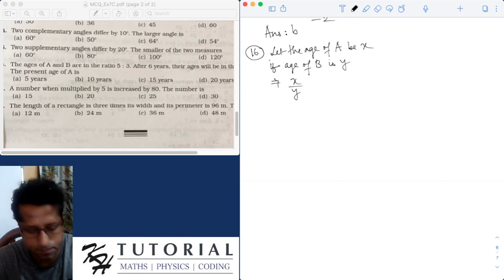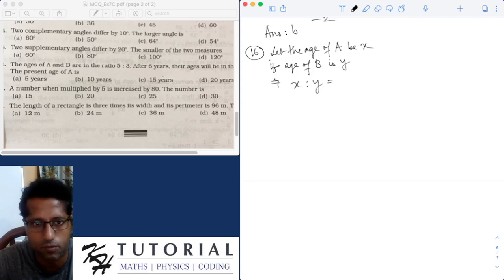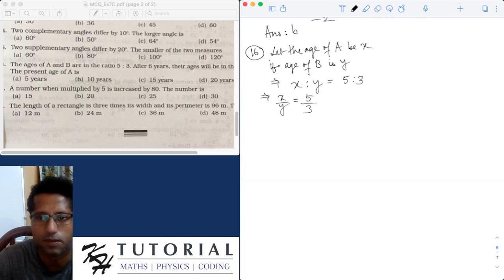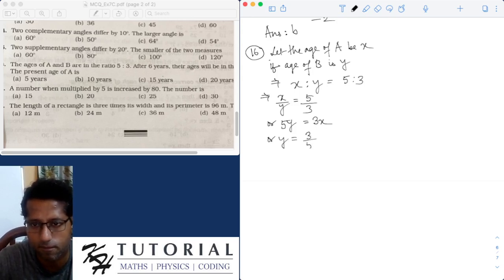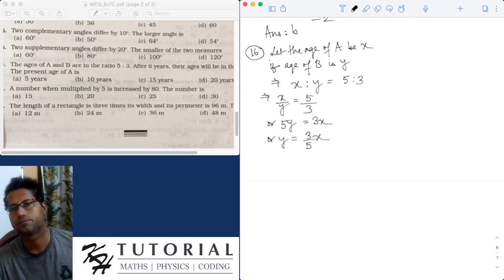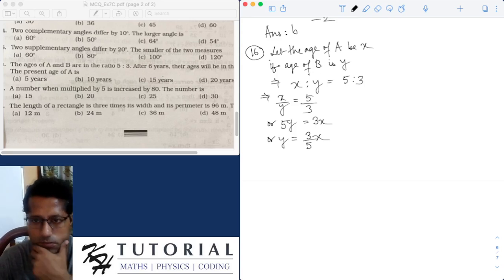x to y is given to be 5:3. From here we can say that x by y equals 5/3, or doing cross product, 5y equals 3x, or y equals 3/5 x, from the concept of ratio and proportion.